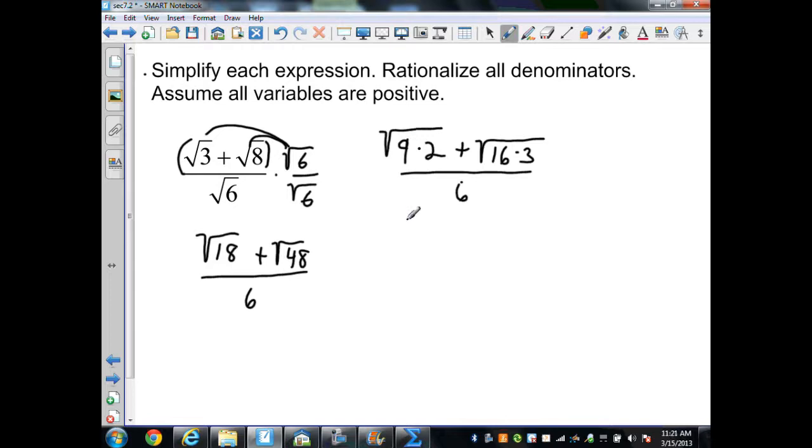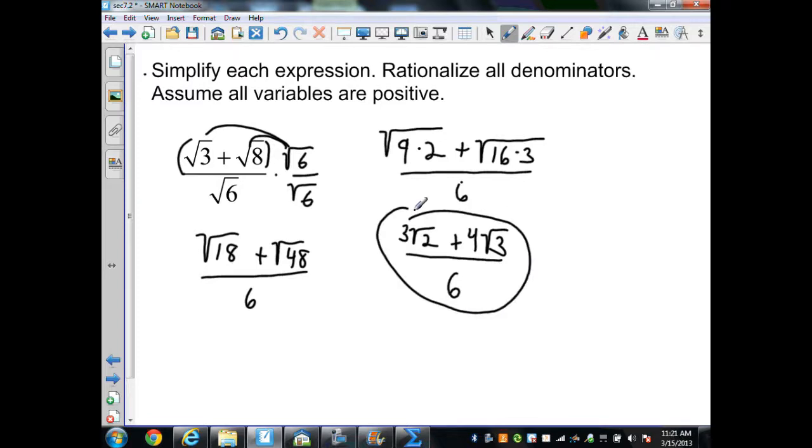Square root of 9 is going to give me 3 square roots of 2, plus the square root of 16 is going to give me 4 square roots of 3. And that's all over 6. If you want, you could separate these into 2, but since 6 doesn't go into both of them, I will ask you just to leave it here.